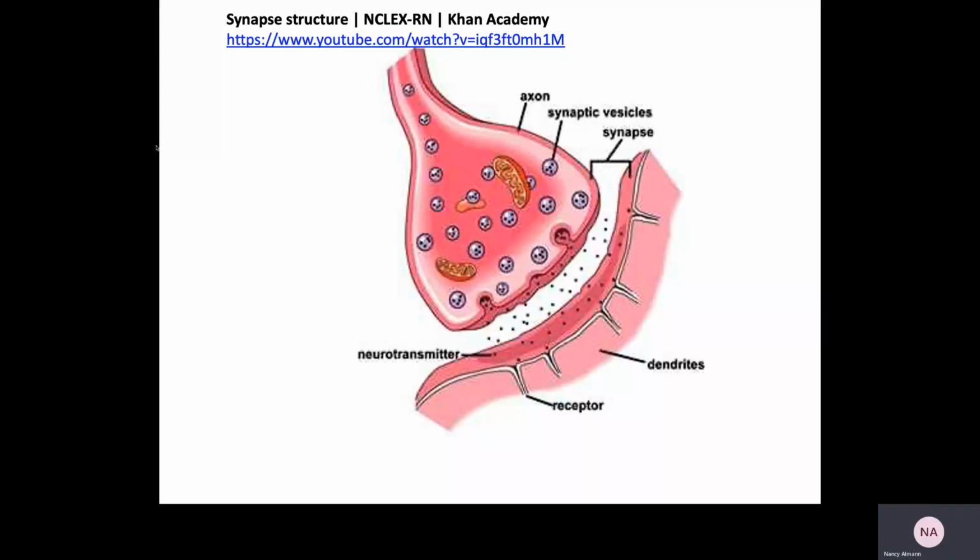Synaptic vesicles will expel the neurotransmitter through the process of exocytosis. That neurotransmitter will diffuse across the synaptic cleft and get picked up by receptors on the postsynaptic membrane. And in this case, it says it's on a dendrite. That will trigger a cascade of events which may lead to an action potential in another neuron.